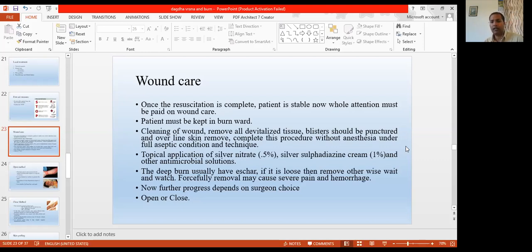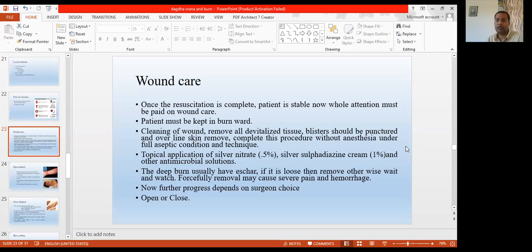And apply local antiseptics. Among the topical antiseptics or antimicrobials in the burn patient, silver nitrate is the first and foremost very good agent which can be used.